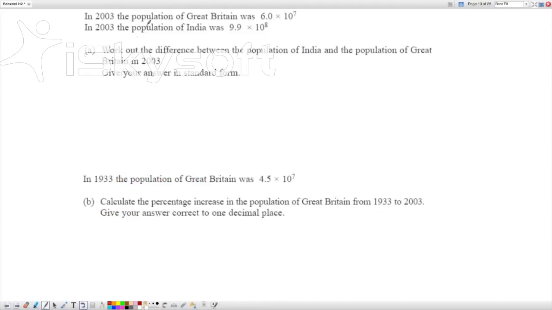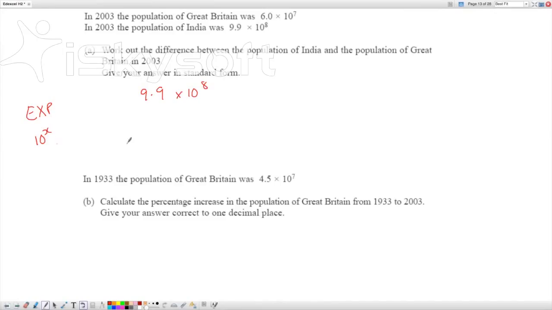Here we have the population in 2003 in Great Britain and India, expressed as standard form. We're going to work out the difference between the populations. We've got a calculator, so we can type into our calculator 9.9 times 10 to the power 8. You want to be using the EXP button or the 10 to the power x button on your calculator.